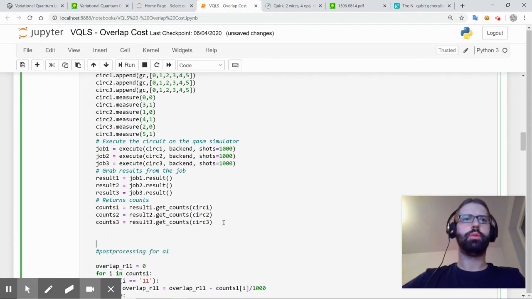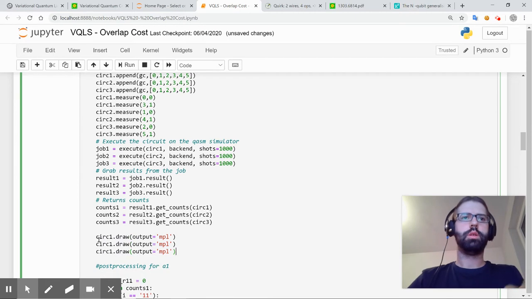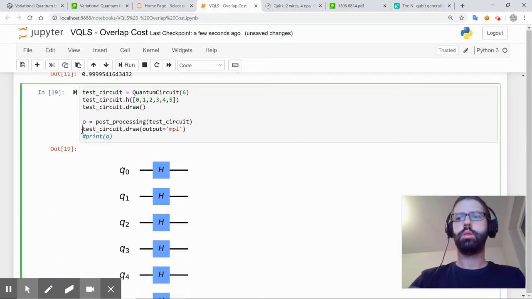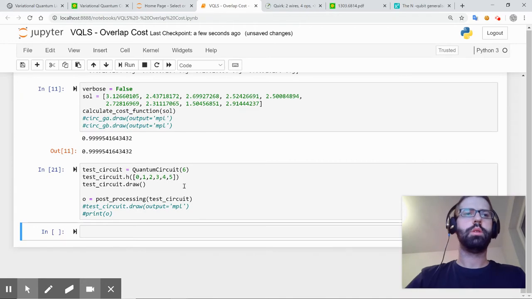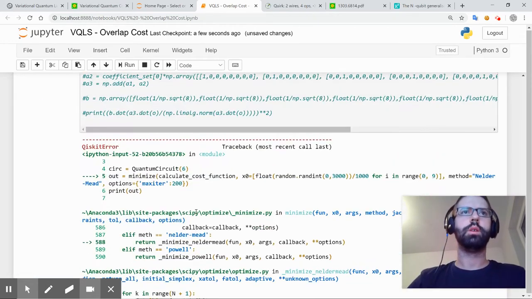So if I do circ draw output, things don't get printed because they're inside the function.